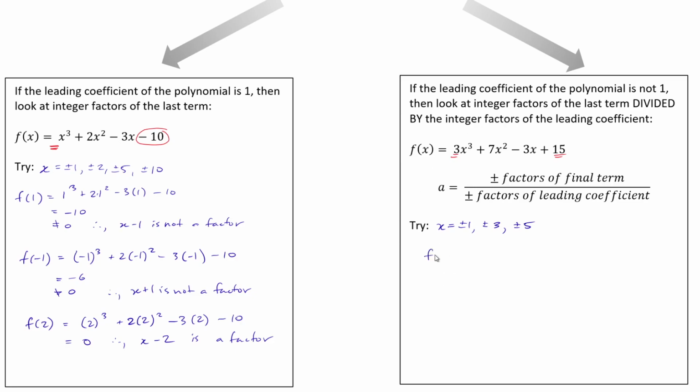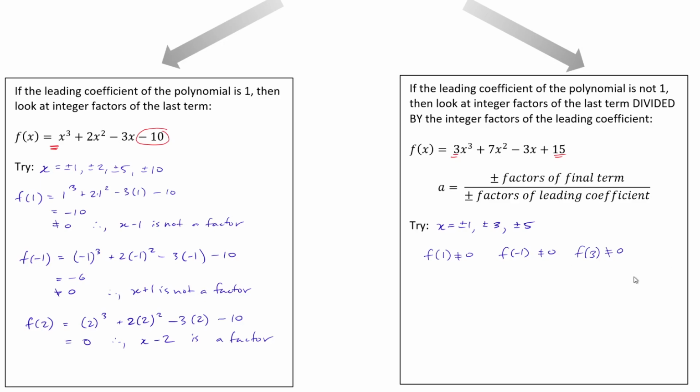So we find that f at 1 does not equal 0. We try f at -1, that does not equal 0. We try f at 3, that does not equal 0, so on and so forth. So what I'm saying is, after we've tried all of these, none of these equal 0. And therefore, that's a limitation of your factor theorem, right? Okay, this cannot be factored simply, right?